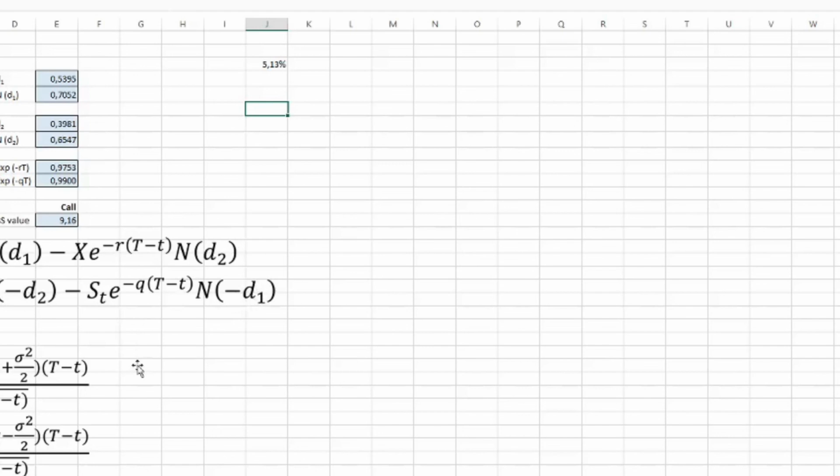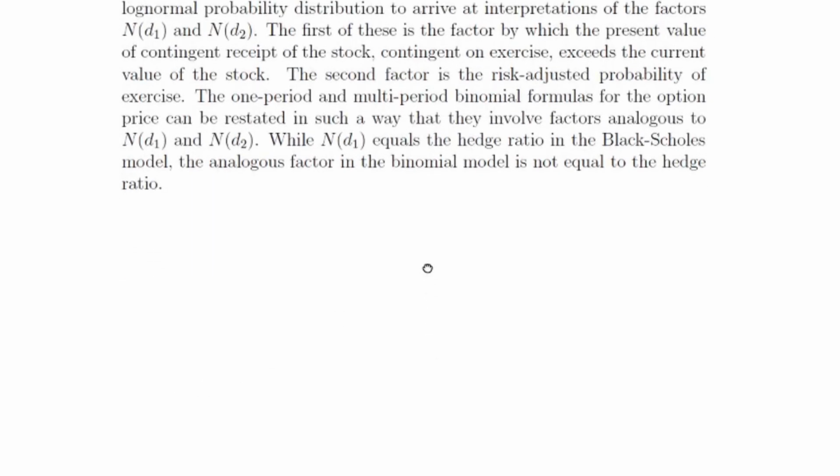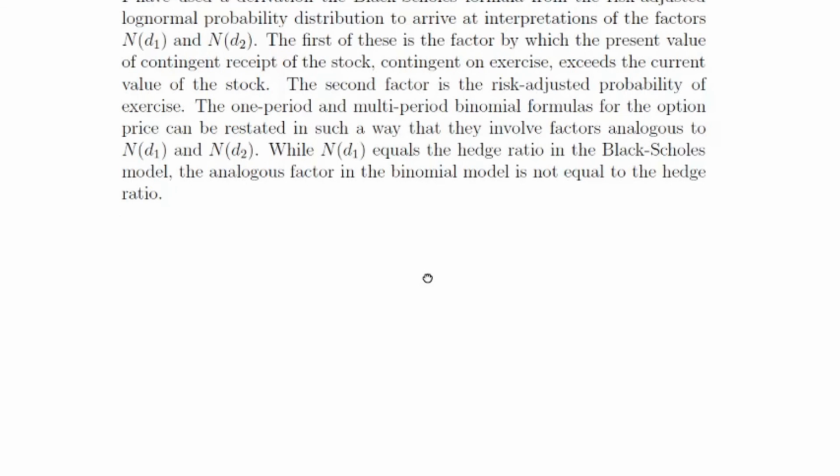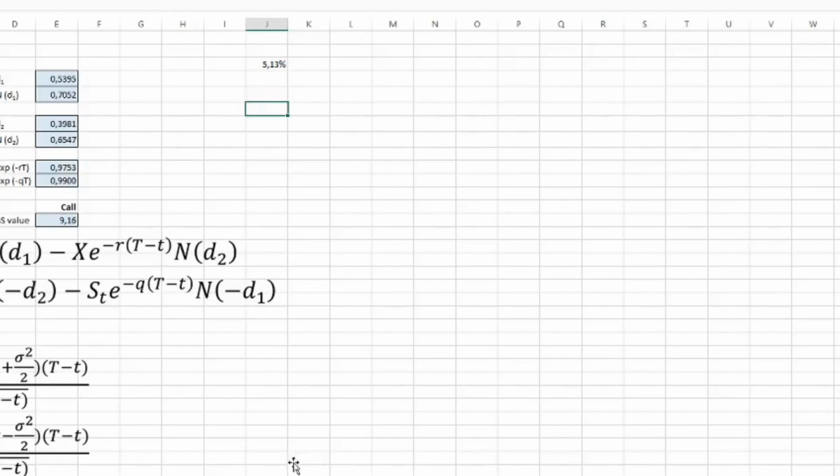There used to be some YouTube movies on the intuition of the Black-Scholes model, but this summary from the paper that I'm uploading, I find very, very useful. Again, you don't have to know this, it is only an optional thing if you want to have a bit more understanding. Thank you very much.